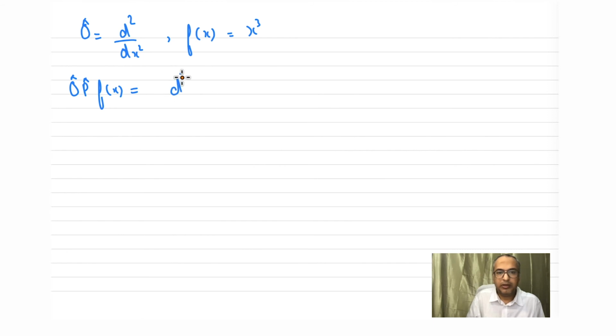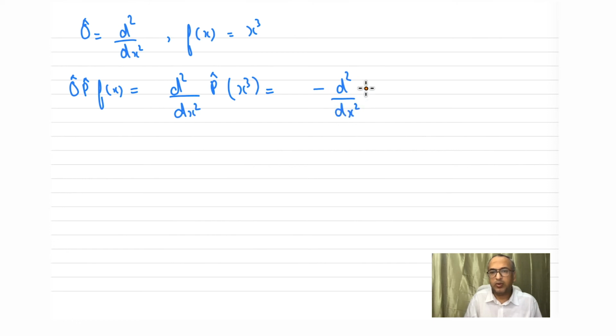This will be d square by dx square acting on parity of x cube. Parity of x cube we have all seen is minus x cube. So the minus comes out, d square by dx square of x cube. The first derivative is 3x square, the second derivative is 6x, so we have negative 6x.